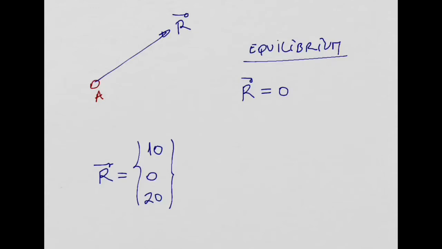In order for the resultant to be equal to 0, we need to say this component needs to be equal to 0, this component needs to be equal to 0, and this component also needs to be equal to 0.